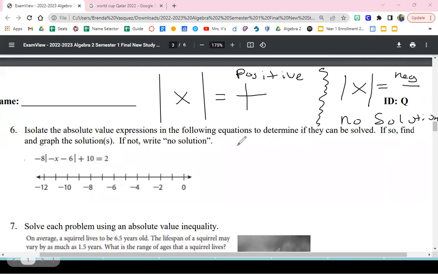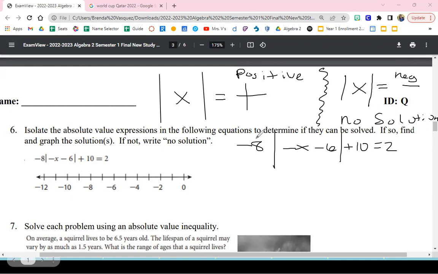So we have -8 being multiplied by my beautiful absolute value of negative x minus 6. We're adding 10 to it, and it has to be equal to 2. So we're going to act as if my absolute value is a variable, right? We're going to isolate it so that we can see what its result is. If it's positive, then we can solve it. If it's negative, then it's no solution. All right, so what's happening to my absolute value?